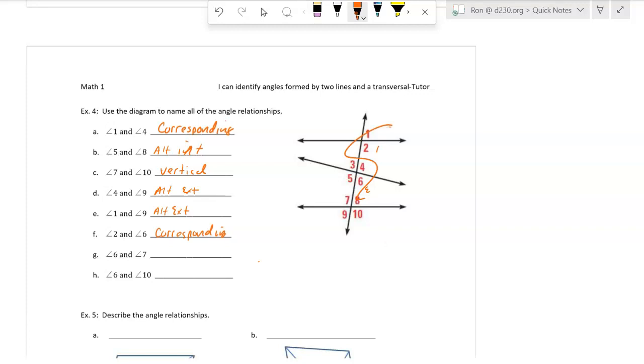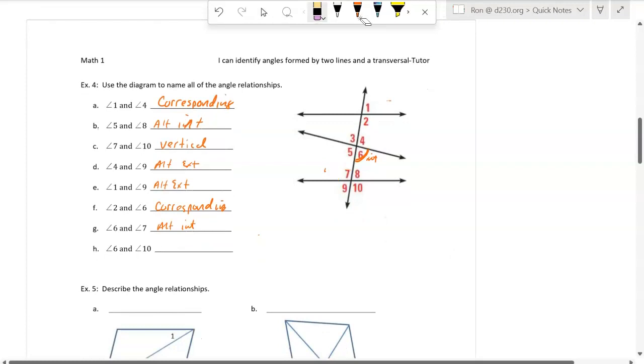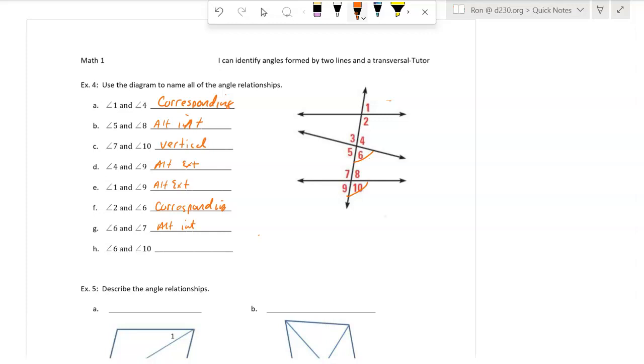And then if I look at 6 and 7, right away, they're opposite sides of the transversal. This is interior. This is interior. So those are alternate interior angles. Now, 6 and 10. Here's 6, here's 10. Same side of transversal. This angle's interior. This angle's exterior. If I look at that, those would be corresponding angles.